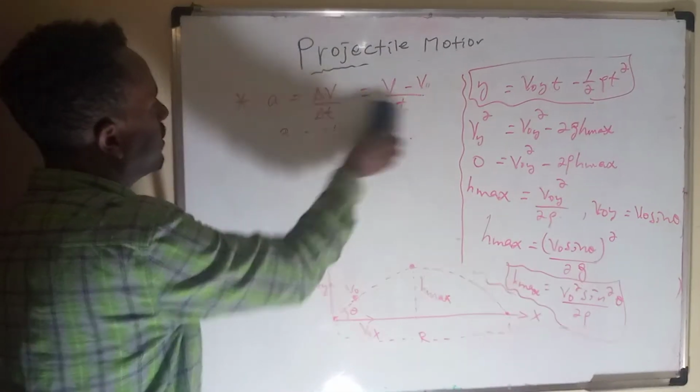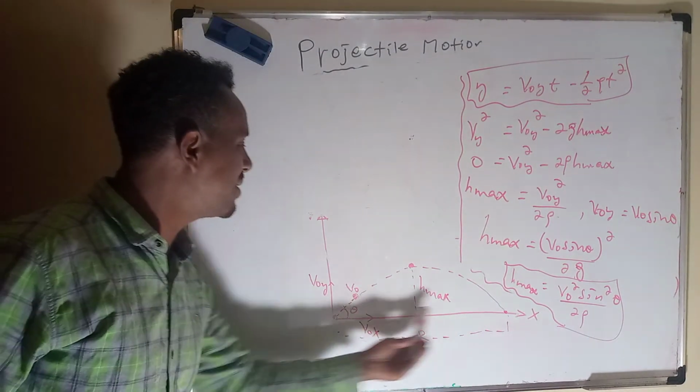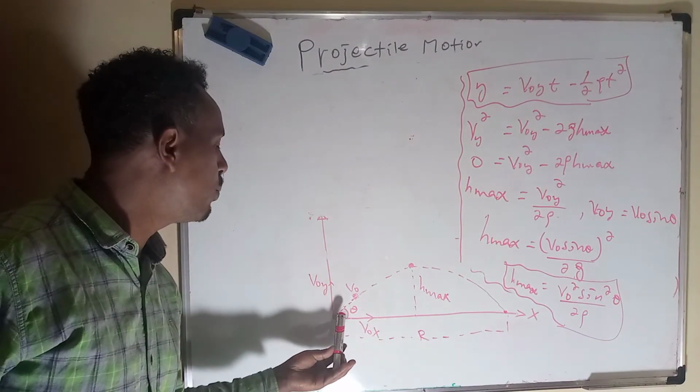The last one is range. Range means ይሄ range እንላለን. The horizontal distance covered by the projected body.